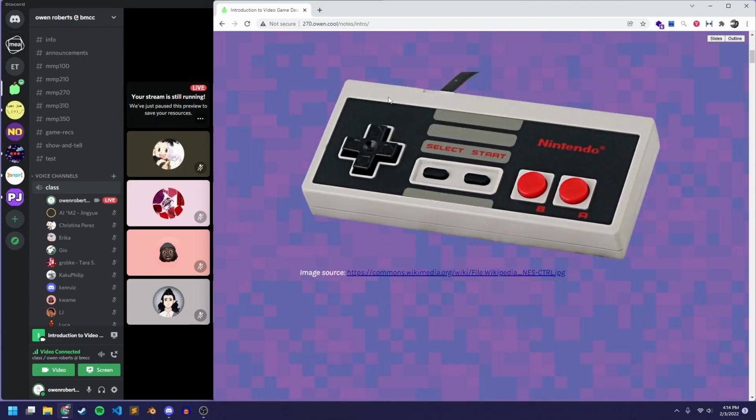So let's get started. You all probably recognize this, although it was most likely popular long before you were playing video games. This is the first Nintendo controller, and it's a good place to start because it shows us something specific about game design, which is that we have control over the game.